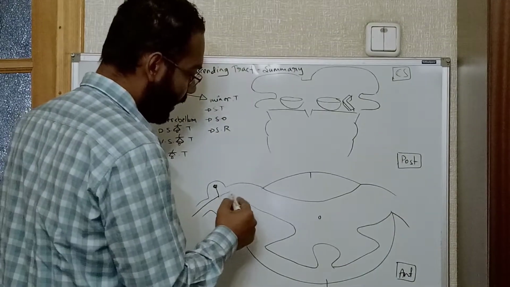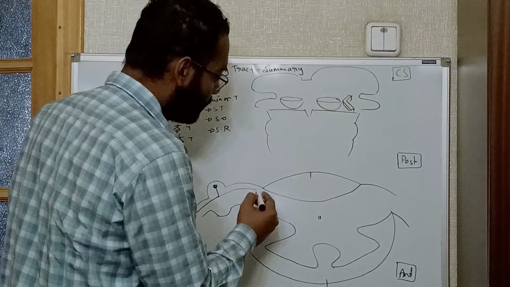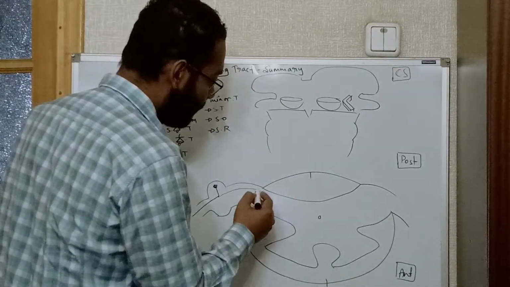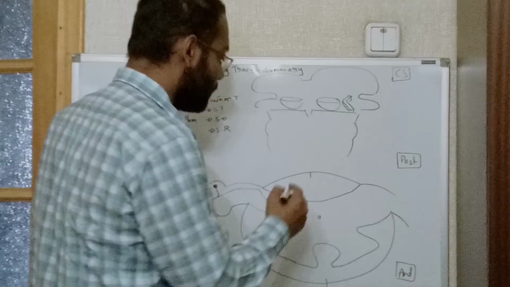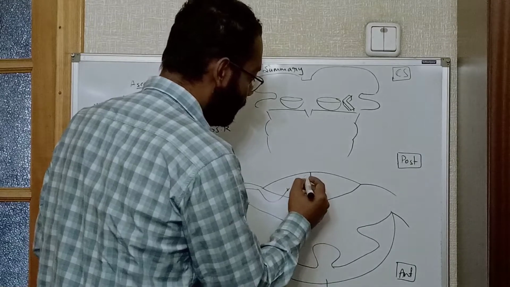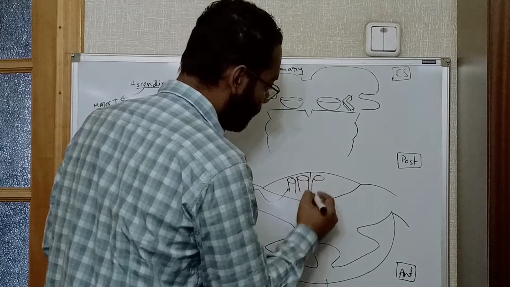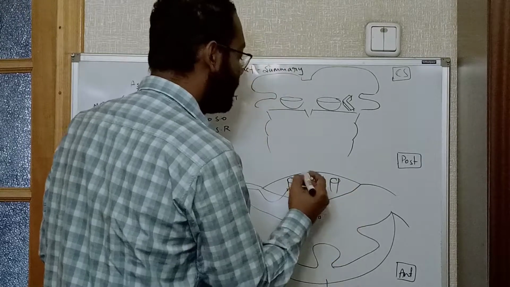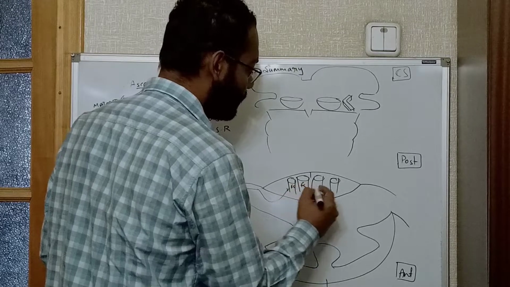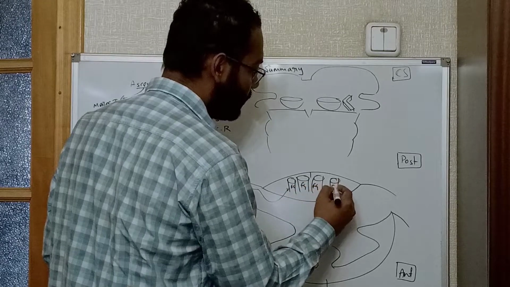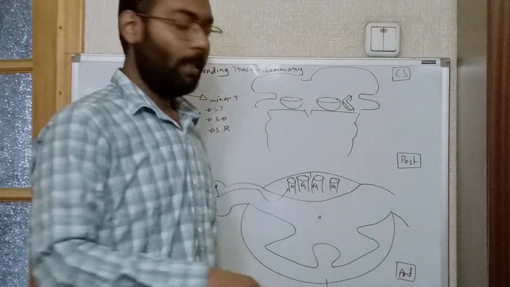This is one fiber coming from our dorsal root, and from the dorsal root, the fibers end up in a dorsal column. In the dorsal column, we have two columns like this. The medial one is known as fasciculus gracilis and the lateral one fasciculus cuneatus. Same thing will happen from the other side.